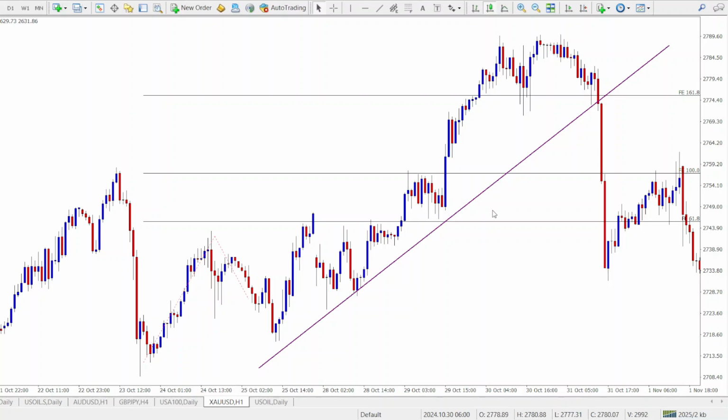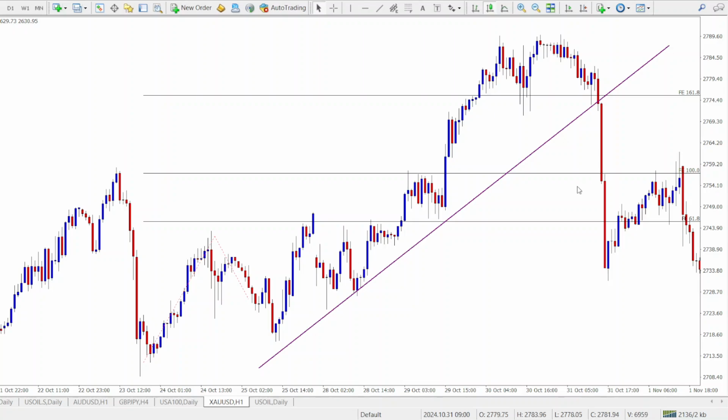Once you have identified these points, you can plot the Fibonacci expansion tool on your chart. This will display horizontal lines representing the expansion levels, as we can see here. The 100% level often represents an equal move compared to the initial trend.